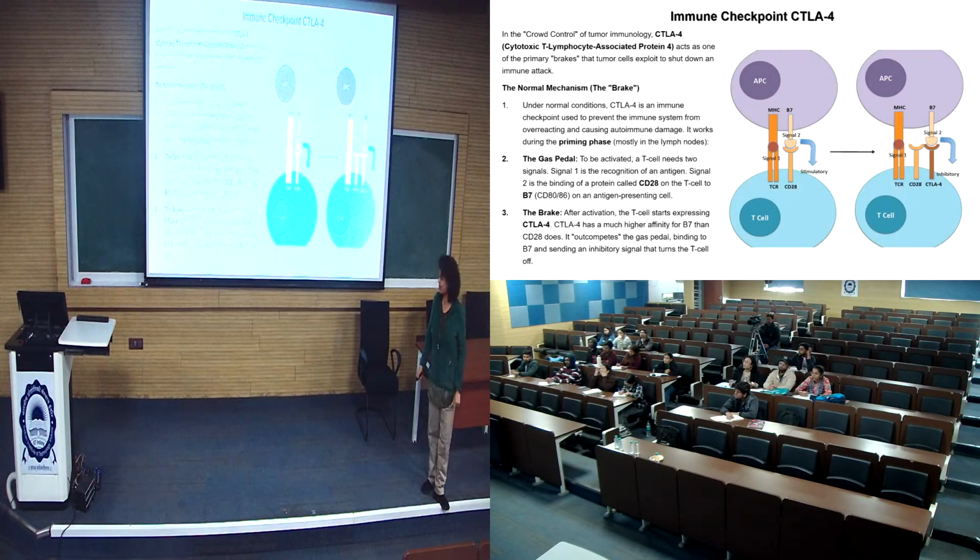The way things work is that antigen presenting cells like dendritic cells are the ones which present the antigens through MHC1 or MHC2. They are presenting it, and the T cell receptor, TCR, is recognizing that. That is signal 1. But T cells don't get activated just by signal 1.